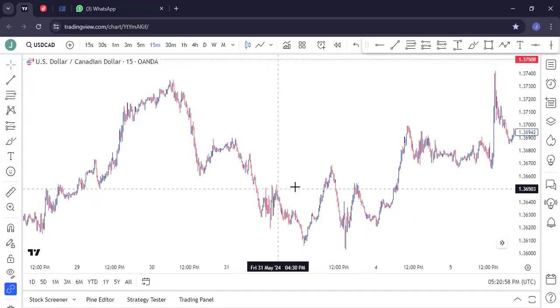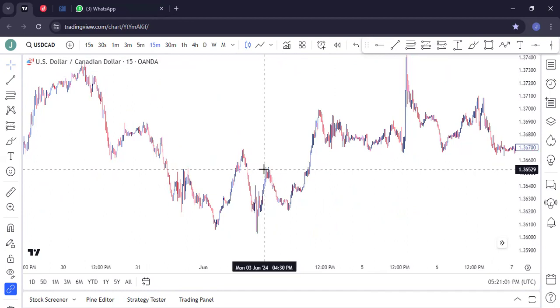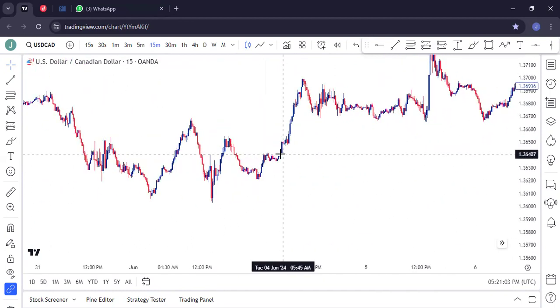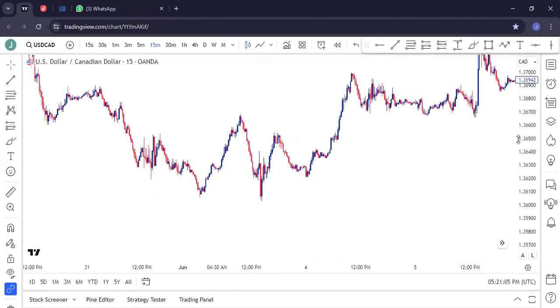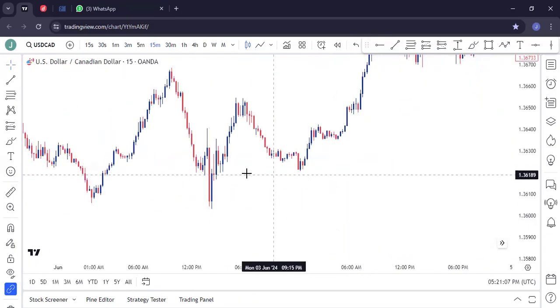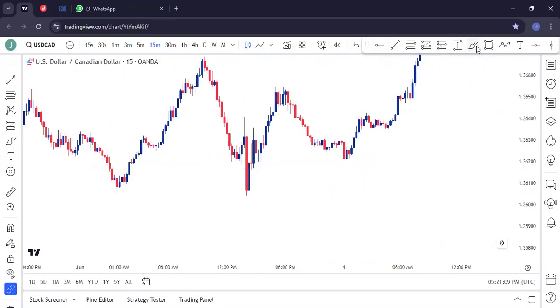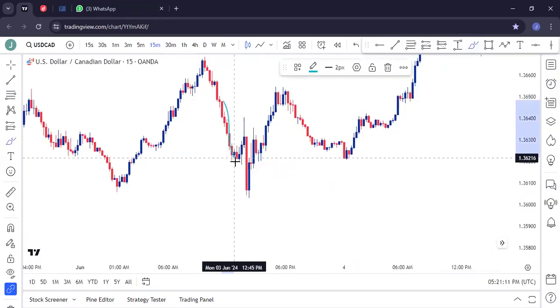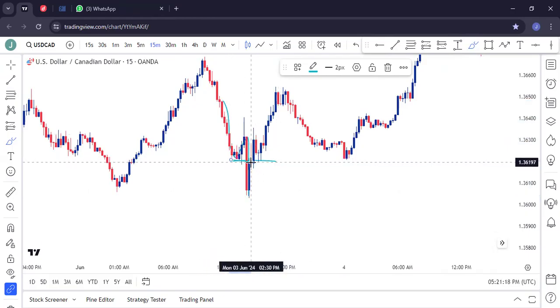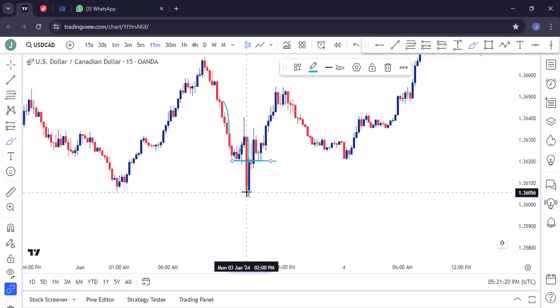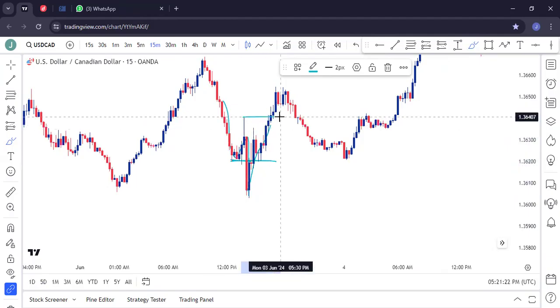The first entry I took, I remember it was somewhere here. Look here closely. The market created this low, then this high, then this low here. It breaks this structure here. After this break of structure, the market changed the character.